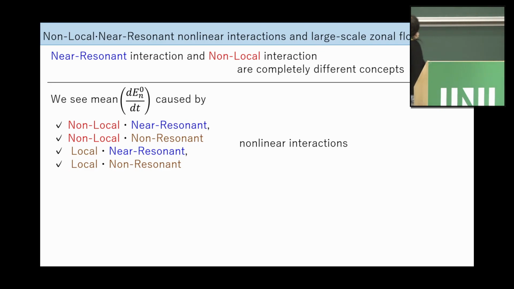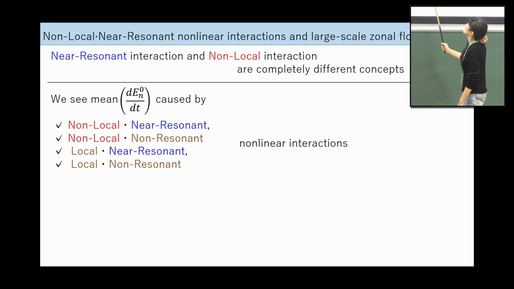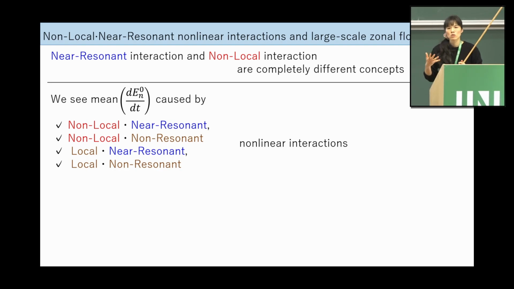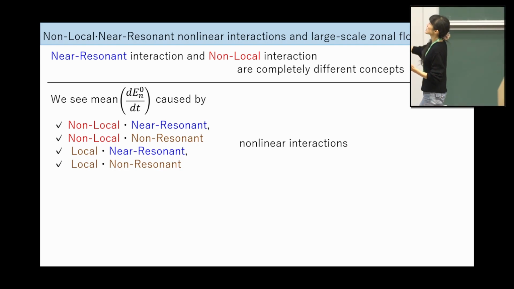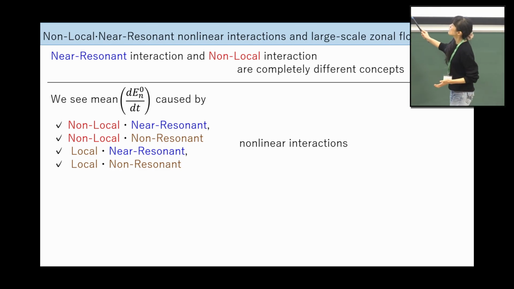But so far, we now know near-resonant interaction and non-local interaction are the important things for the formation of zonal flows. But they are totally different concepts. So maybe we have to see the value caused by non-local and near-resonant interaction, non-local but not near-resonant interaction, near-resonant but not non-local interaction, and neither near-resonant nor non-local interactions.